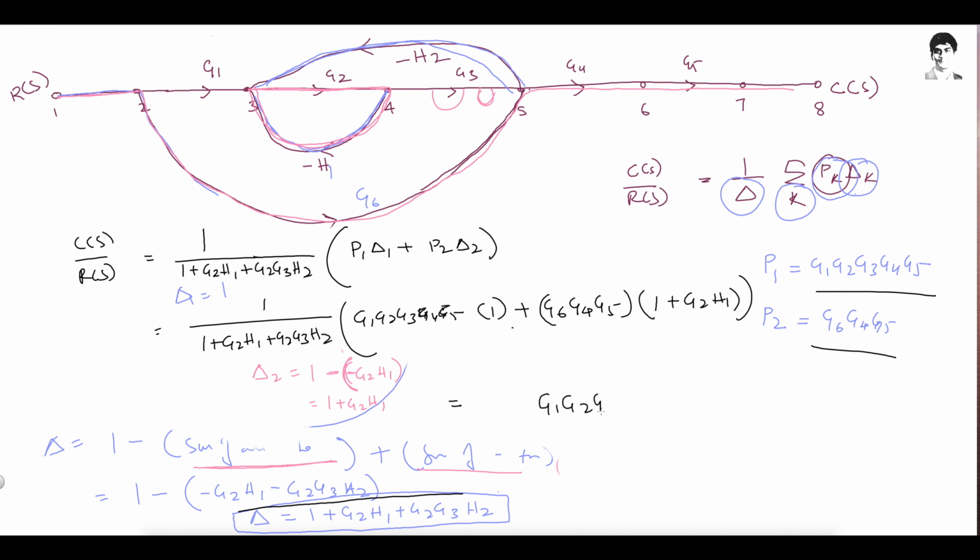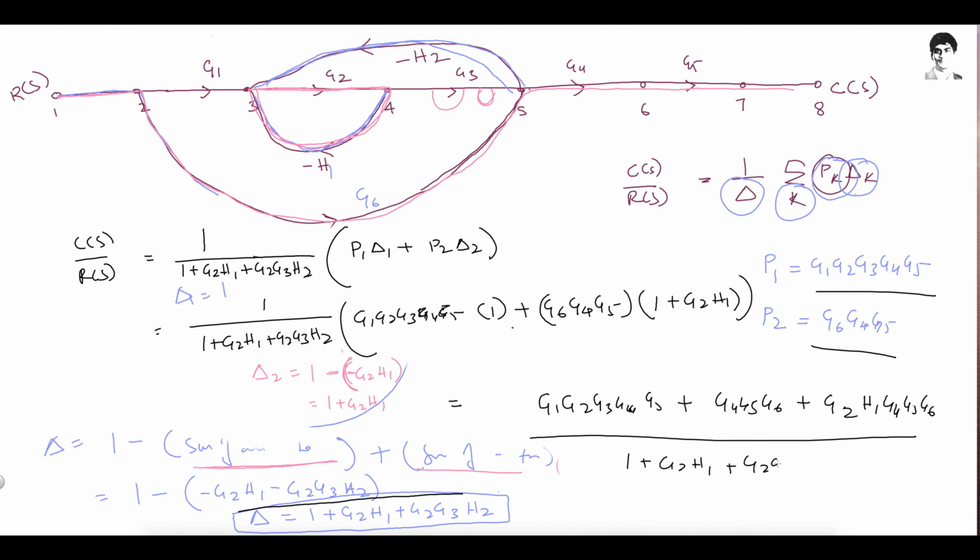So what will that give you? G1, G2, G3, G4, G5 plus G4, G5, G6 plus G2, H1, G4, G5, G6, by 1 plus G2 H1 plus G2, G3, H2. You can actually take G4, G5, just G4, G5 because G6 is not part of this.